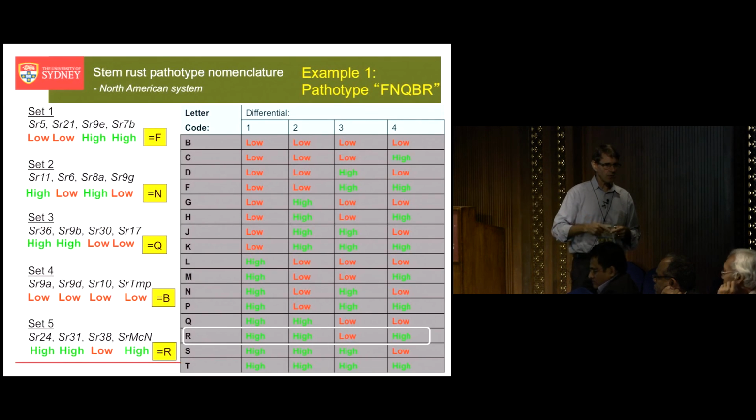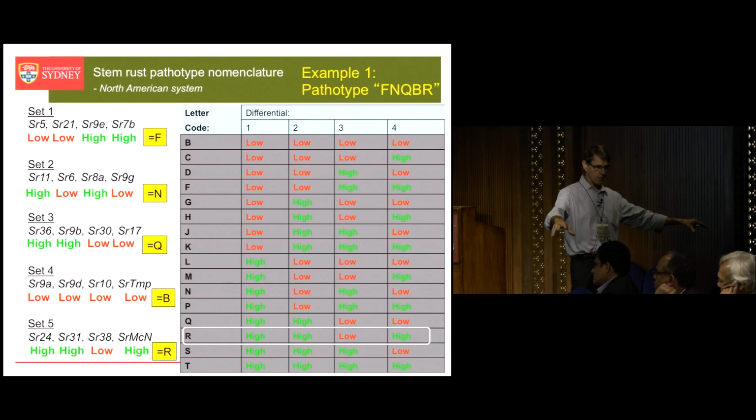If we use genetic or DNA fingerprinting, we're using lots and lots of markers, lots of genes in the genome. That gives us an increased level of refinement in defining the genotypes, if you like. And quite often what we're finding is you can take two isolates of one pathotype, right? So they look identical on two differential sets, they look identical, and yet their genotype is different because you're looking at more than just those 20 genes conferring virulence and avirulence.